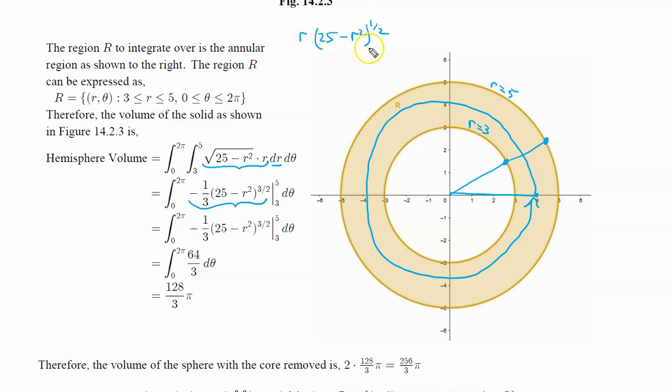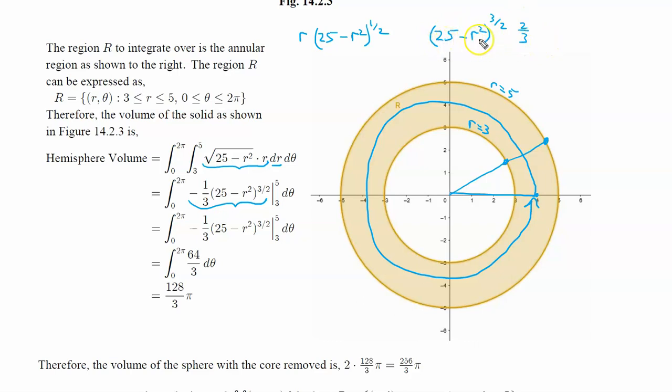Now if we integrate this, you're going to get 25 minus r squared to the 3/2 power, adding 1 up here. And then just realize that you're going to have to multiply this by 2/3, because when you drop this 3/2 down, you are going to cancel it with a 2/3.